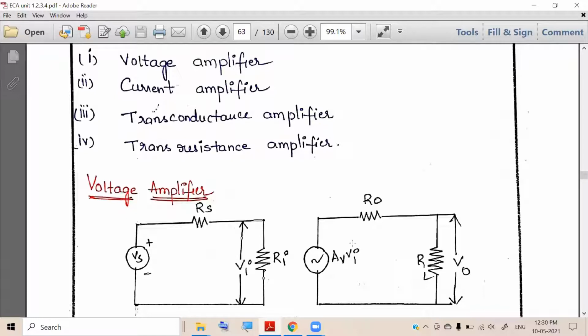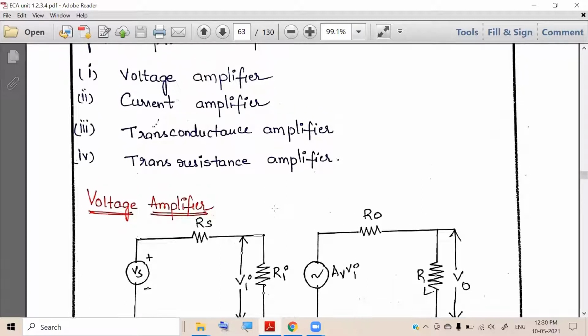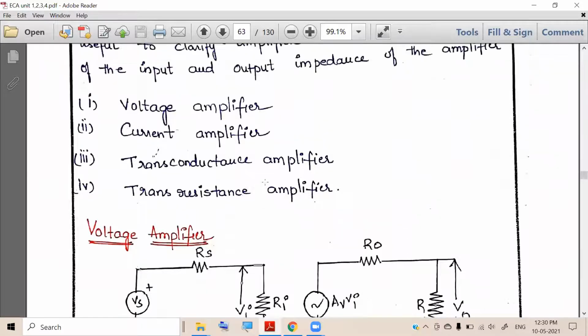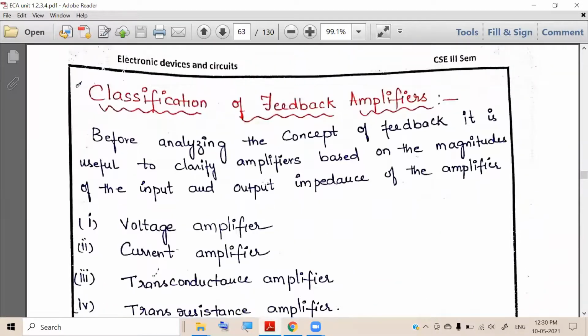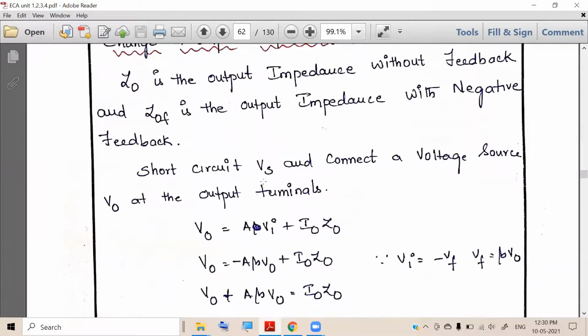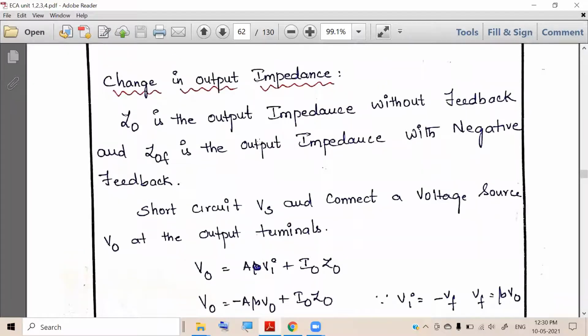We need this circuit to derive the expression for output impedance.